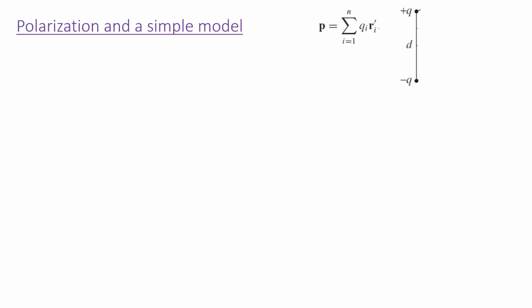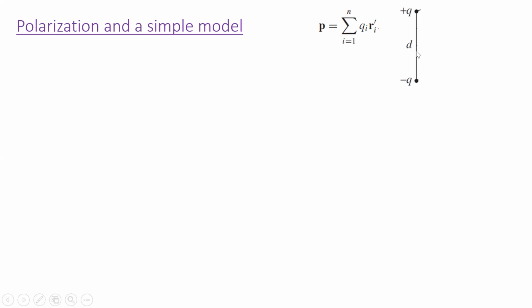So polarization. Remember from the last lecture on the multipole expansion that we have a dipole moment, and the dipole moment is given in equation form by the sum over a number of charges of the charge times the distance of the charge from the origin.